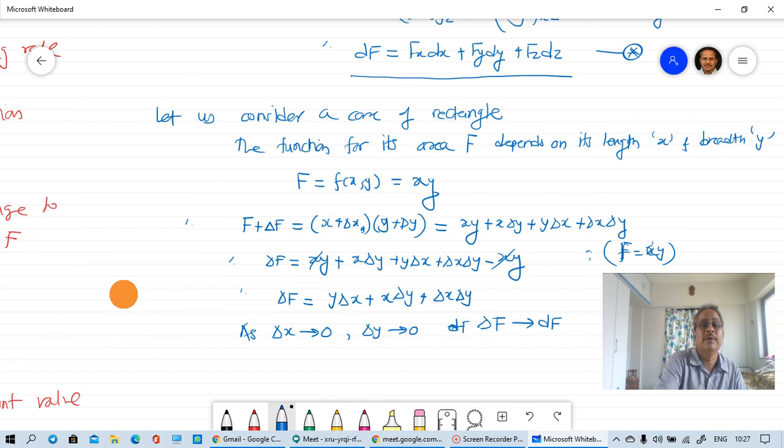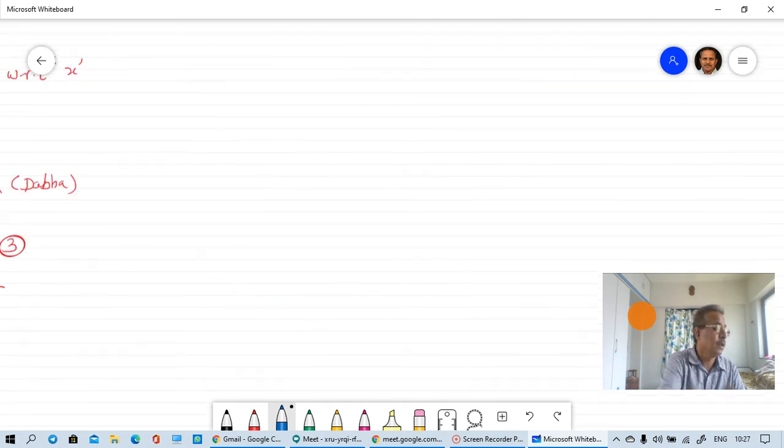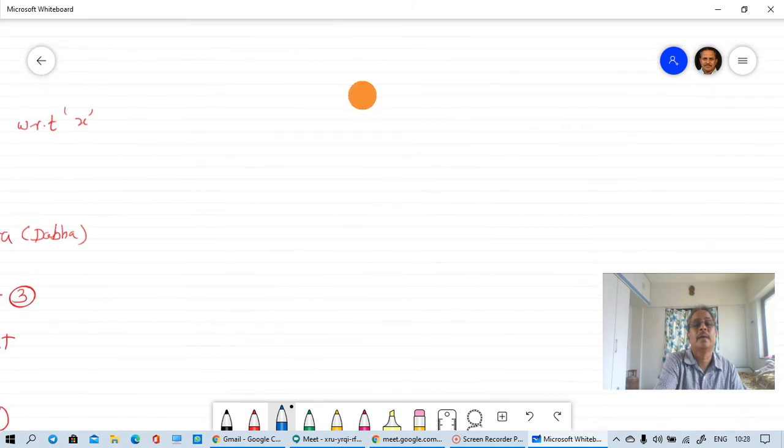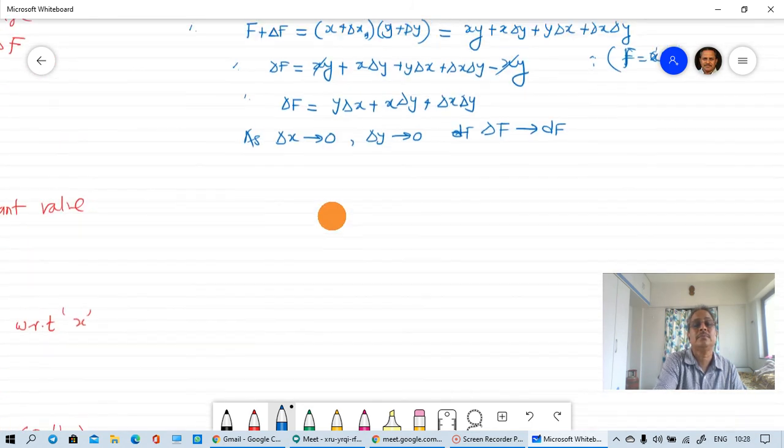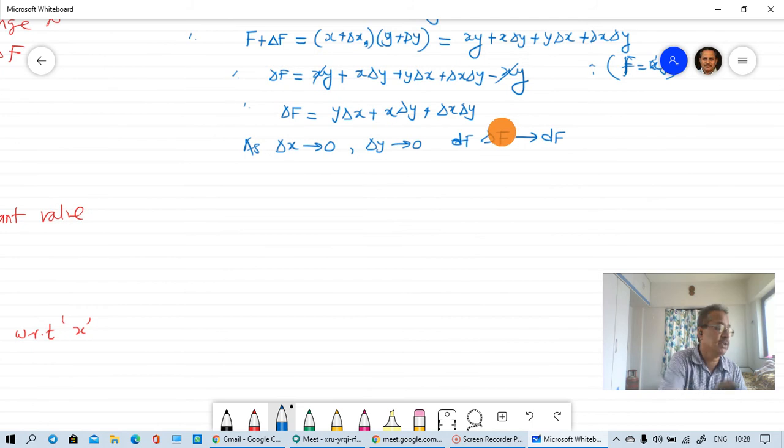So from this equation I can write in the limit, df, the change in area, is equal to y into dx plus x into dy plus dx into dy.